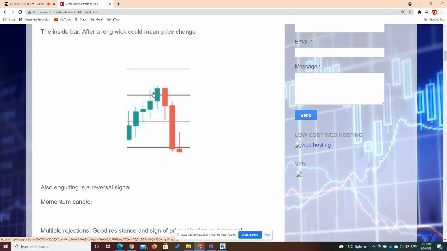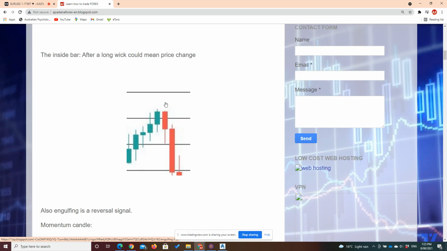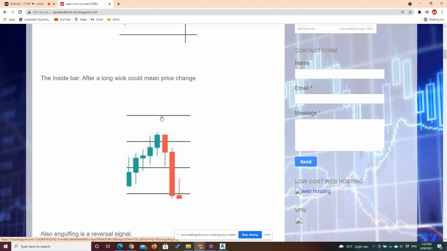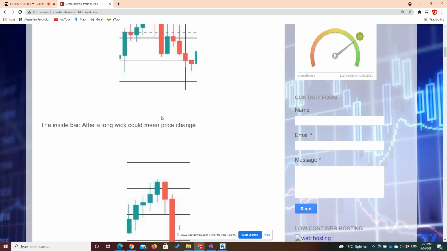Also, in the engulfing pattern, for example, here we had the uptrend, then buyers failed to go higher, and the close goes below the closing of the previous candle. So the engulfing pattern happens here. But it doesn't matter what people really call these patterns.